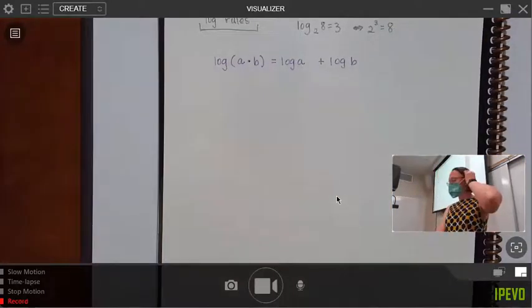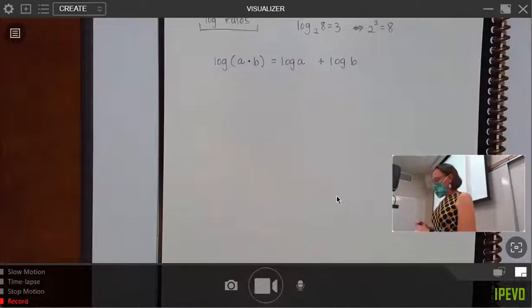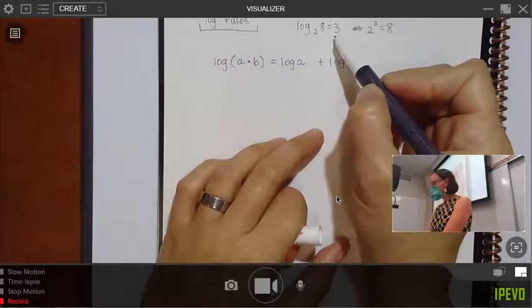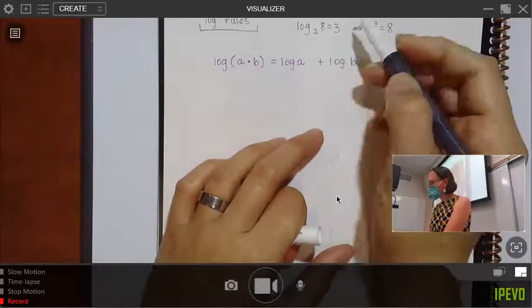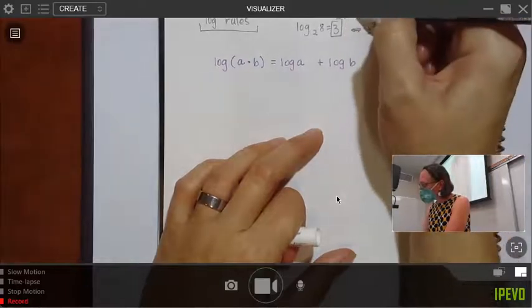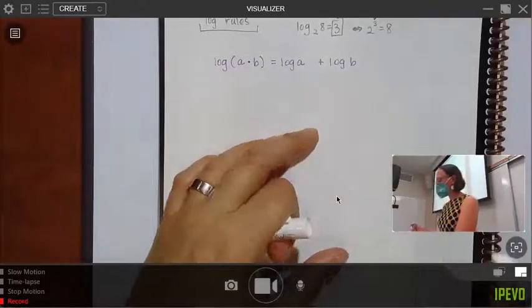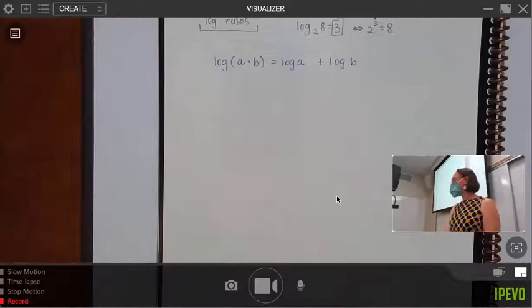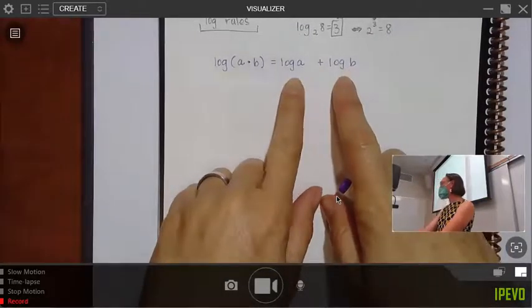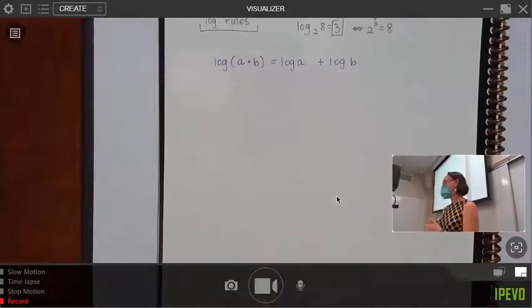Now, the reason that that's happening is that the answer to the log question, like log of some stuff equals, that answer part is the exponent. So it makes sense that I add the exponents when I'm multiplying two things with the same base.